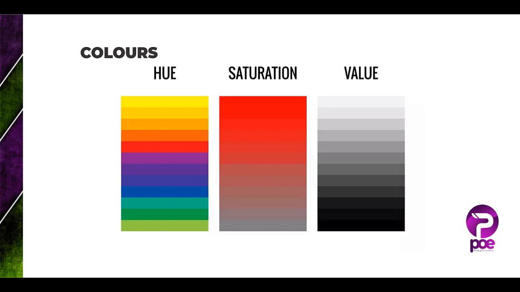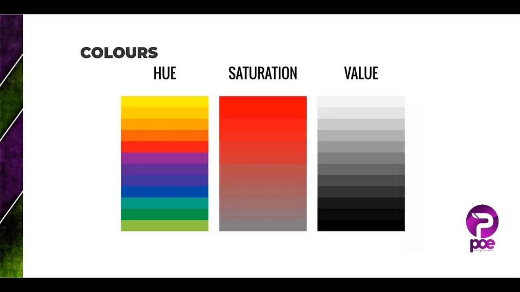Colors have three basic characteristics: the hue, the value, and the saturation. The hue is the color family. It defines color, so you can use hue as the same thing as color.